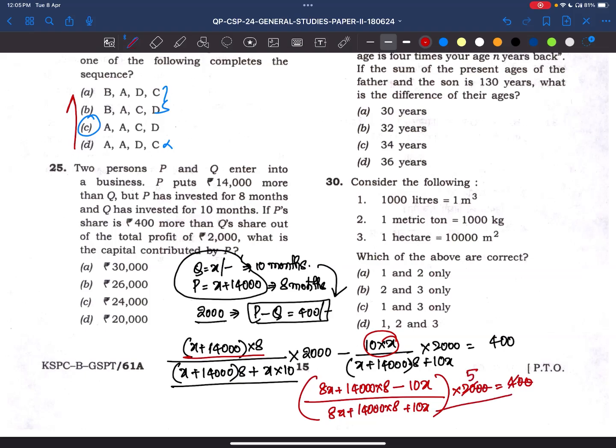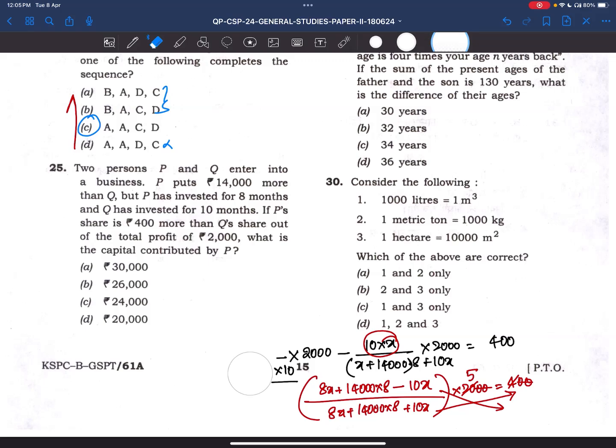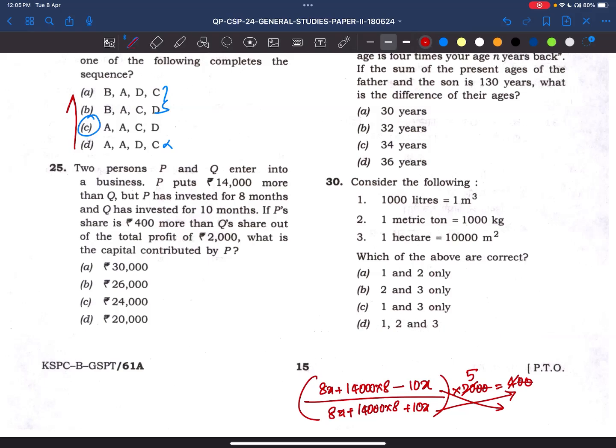So let's do cross multiplication. I'm solving the questions in the question paper itself, so that in the examination also we use the space. 5 will be multiplied with this.